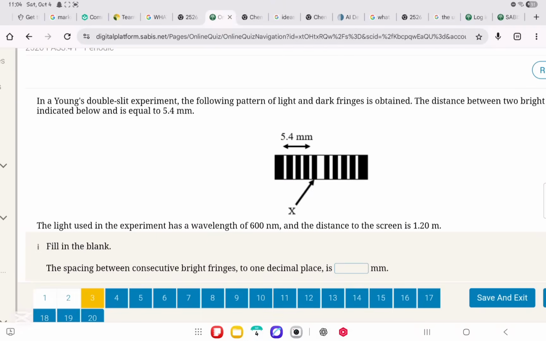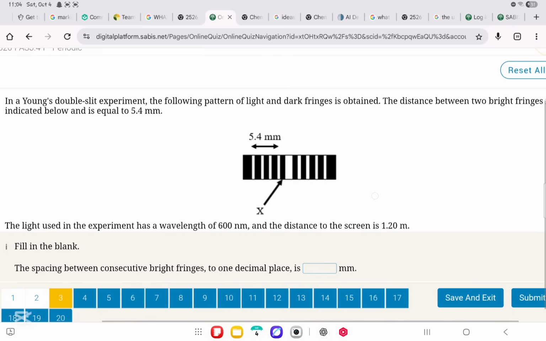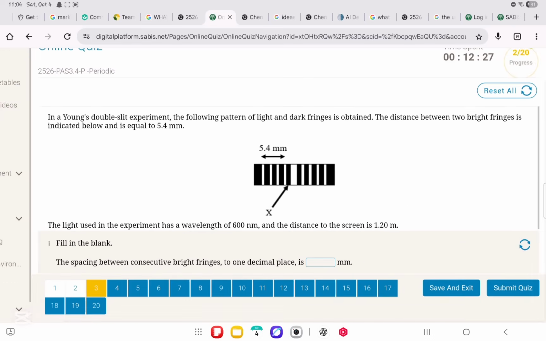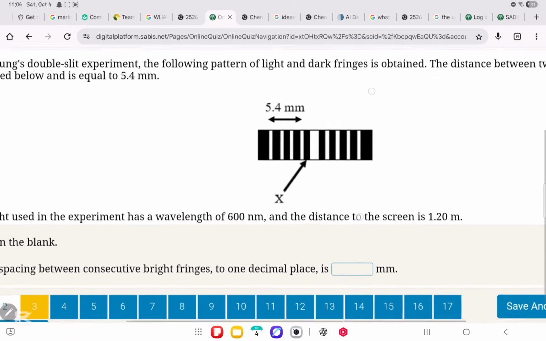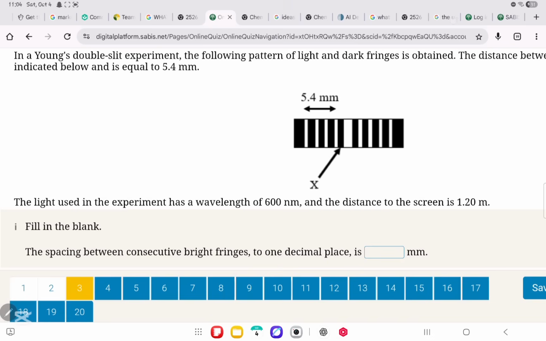We'll move on to question number 3. What does it say in question number 3? In a Young's double-slit experiment, the following pattern of light and dark fringes is obtained. The distance between the, I think they mean 4 bright fringes, it's a mistake. The 4 bright fringes is indicated below and is equal to 5.4 millimeters. Now, the spacing between consecutive bright fringes to one decimal place.